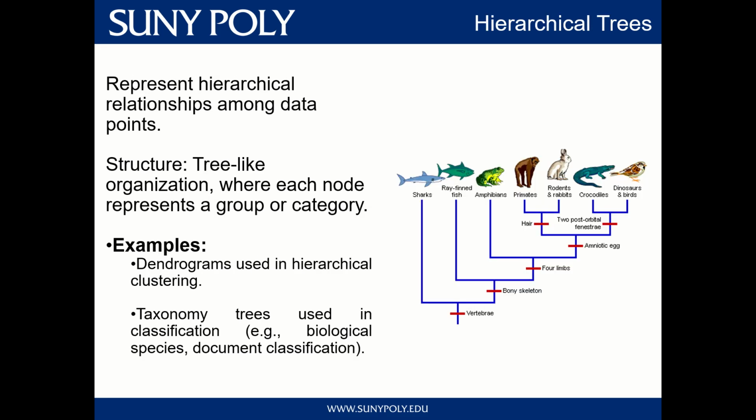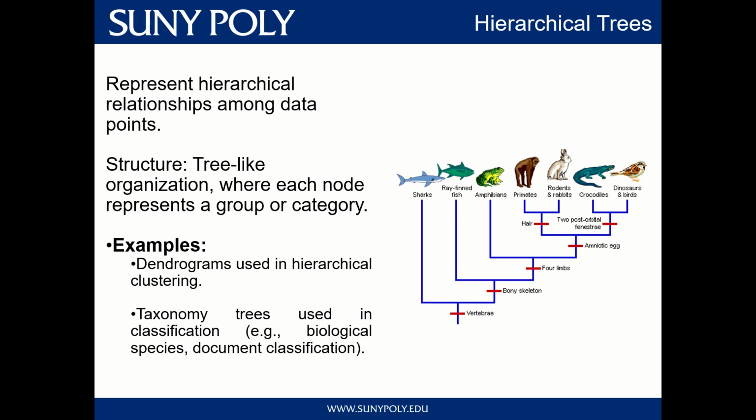In addition to the tree maps, we also have hierarchical trees. These are used to show how close or how far some observations are. So they can be used in taxonomy and also in clustering, as I mentioned earlier in the video. We will see an example where we see which observations are closer to each one, so you can identify groups.